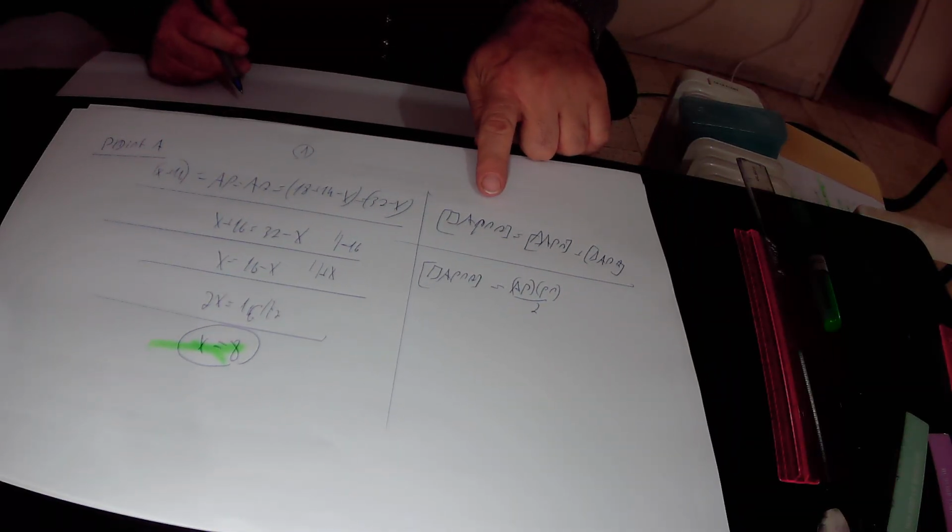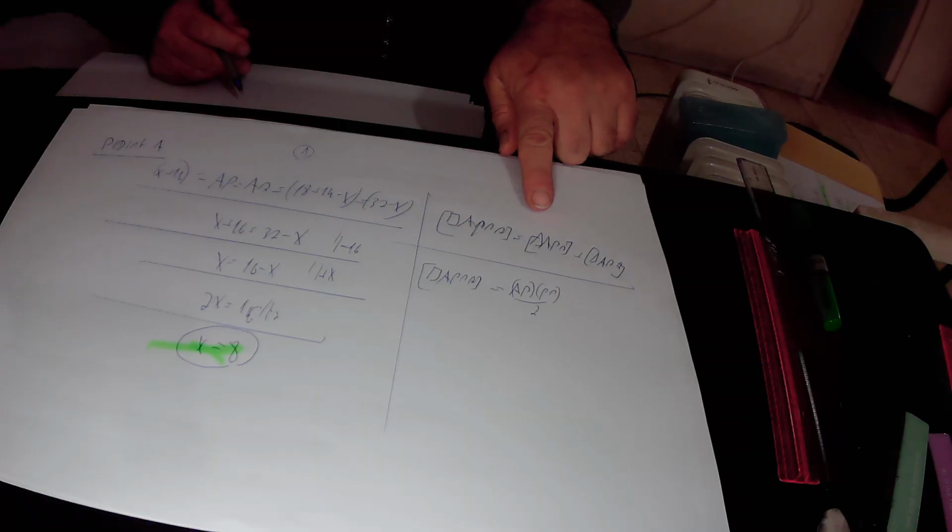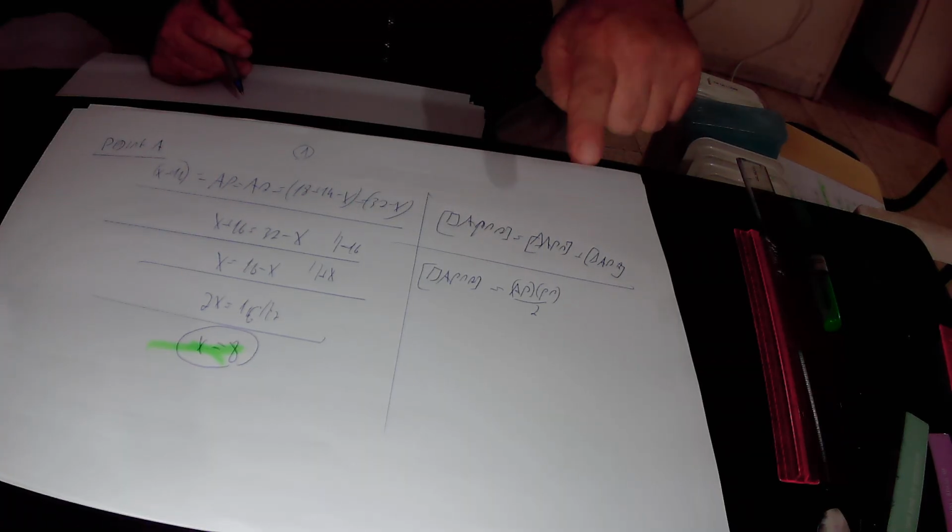The area of the upper right triangle APO equals the base AP times the height to the base, that is PO, over 2.